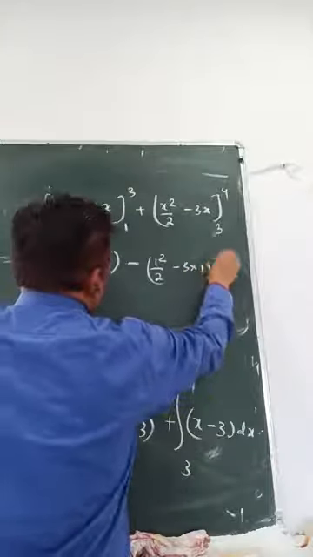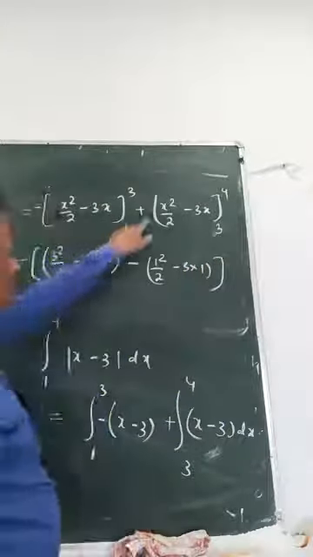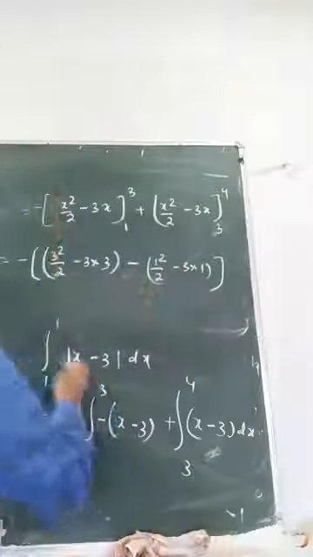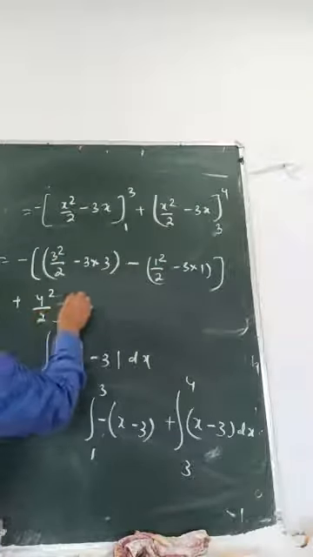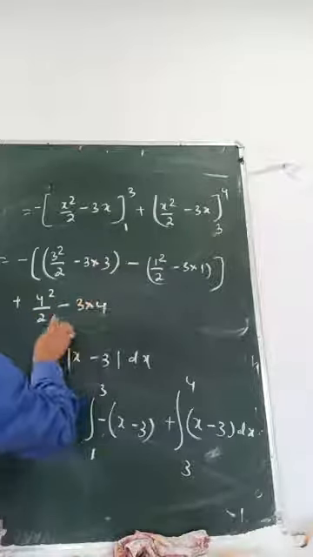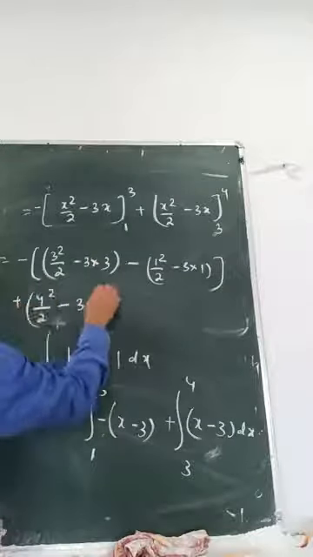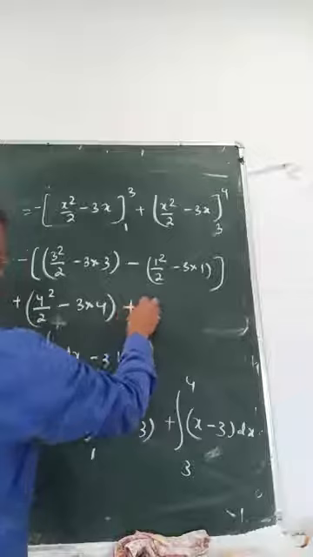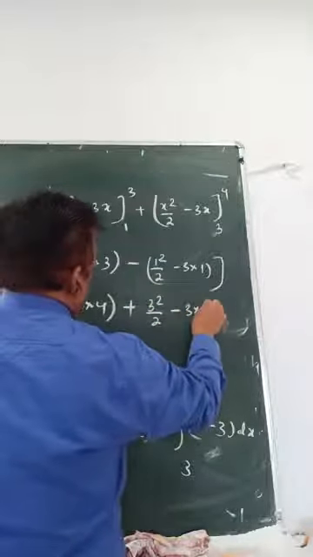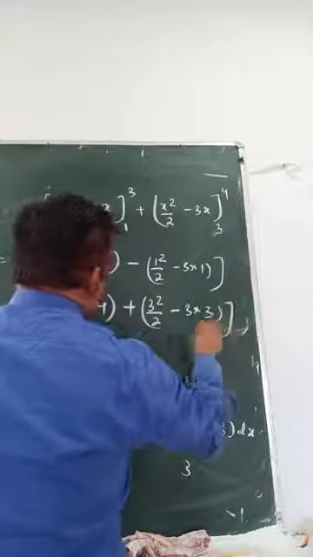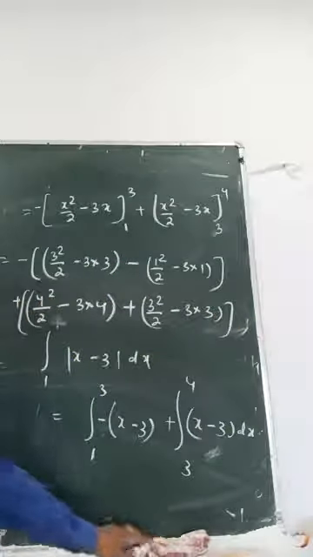This is the upper part. Plus 4 square by 2 minus 3 into 4, minus 3 square by 2 minus 3 into 3. Okay, let's solve it.